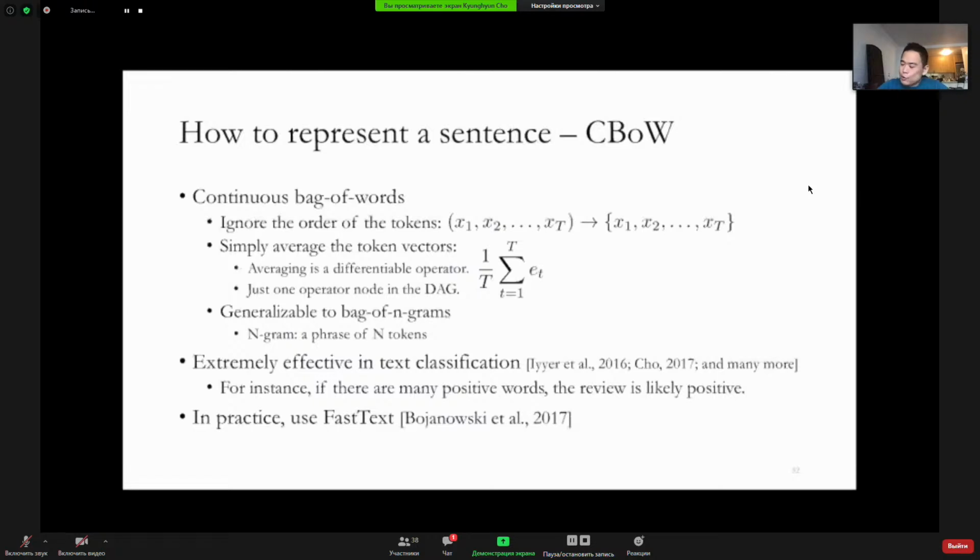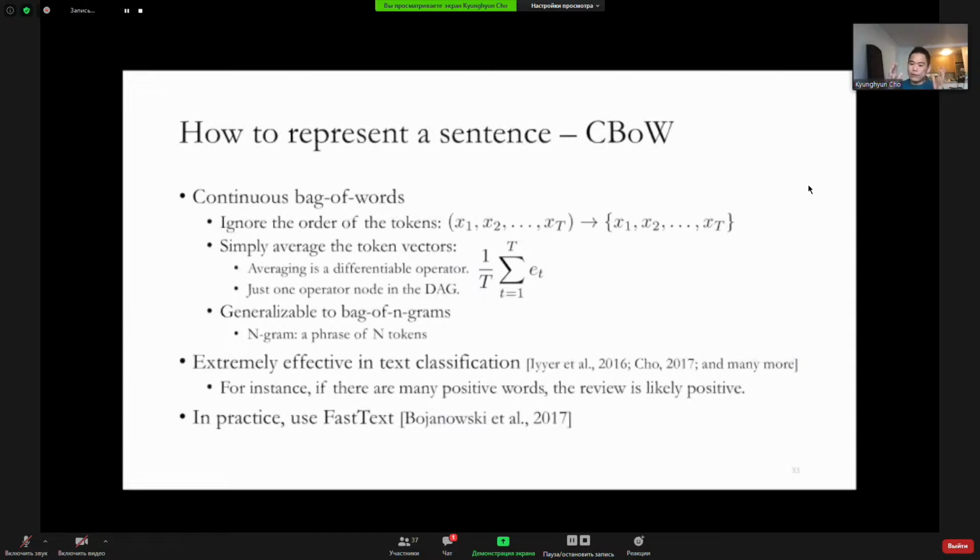That is, do we really need to take into account the order of the words? This sounds pretty crazy, because we're going to ignore the order of words and say that the input text is not really a sequence of high dimensional continuous vectors, but simply a set of those vectors.